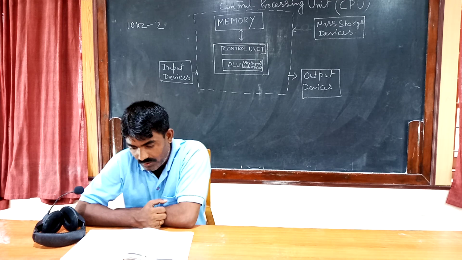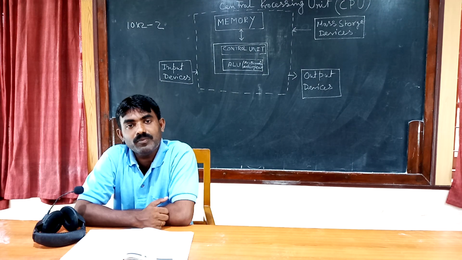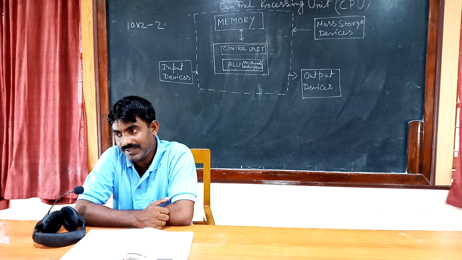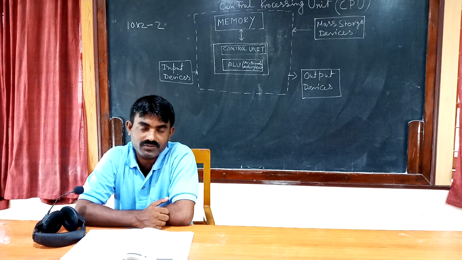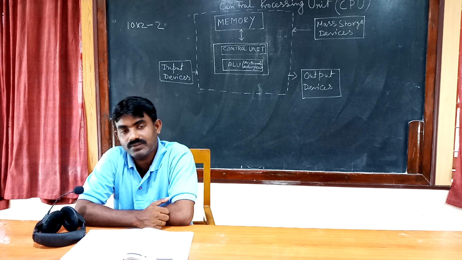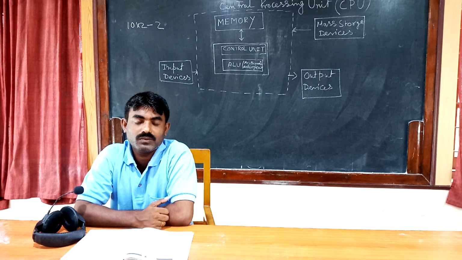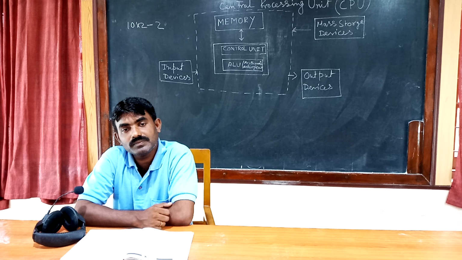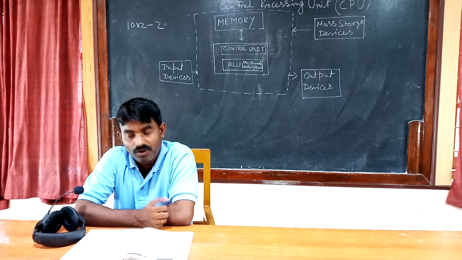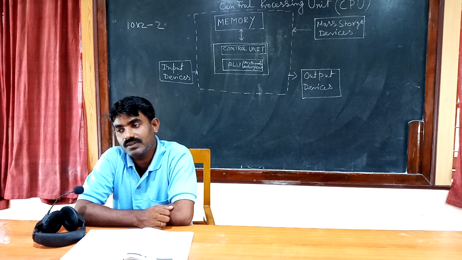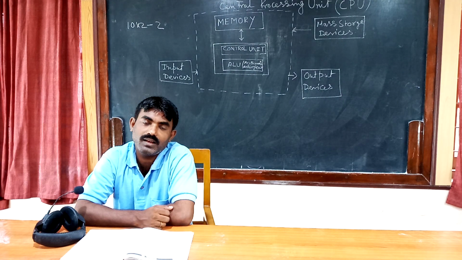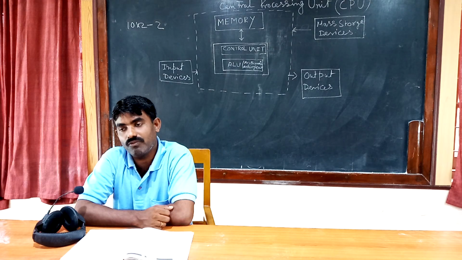In this class, we learn about the memory management or memory system of the computer and the central processing unit, known as CPU. So what is CPU? CPU is a very small chip in the computer, and it sits between the hard disk and RAM.